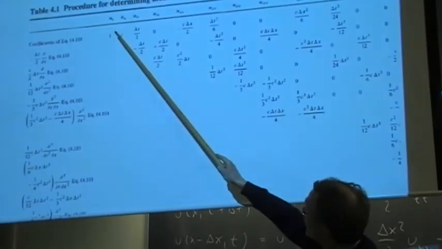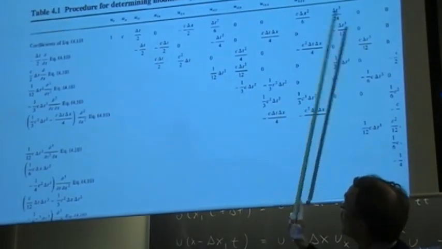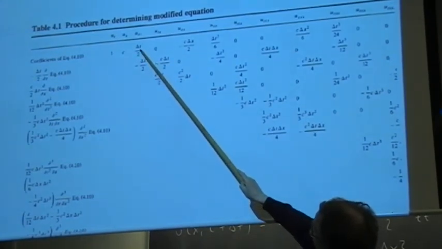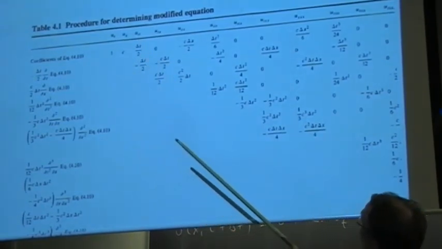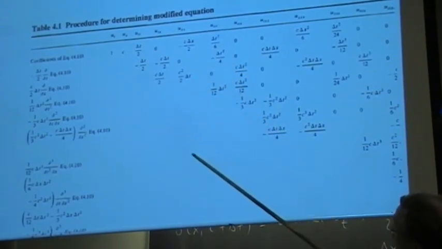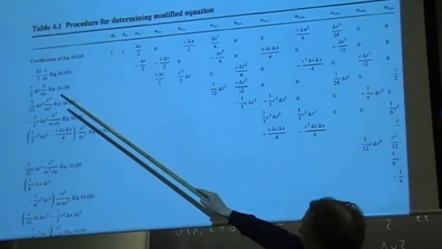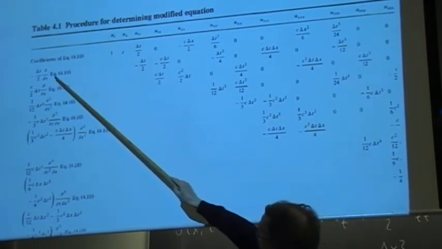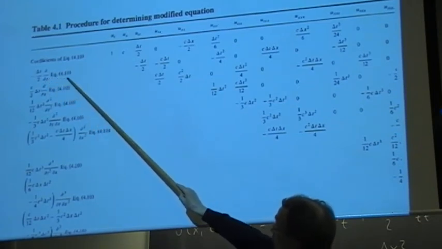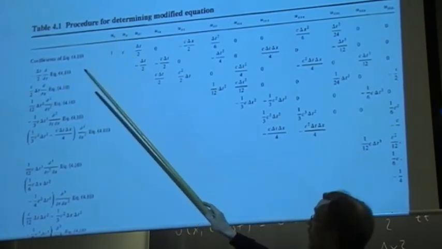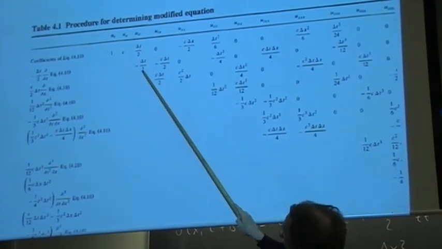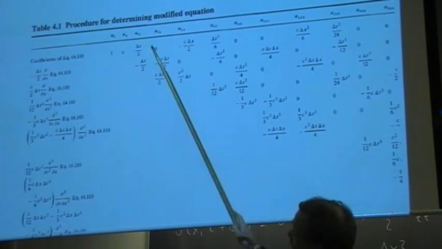So this is our equation 23. They put the time derivatives with the plus sign on the left hand side. Then we do this multiplication of the equation, our equation 23, and we get here the minus delta t half times the utt.